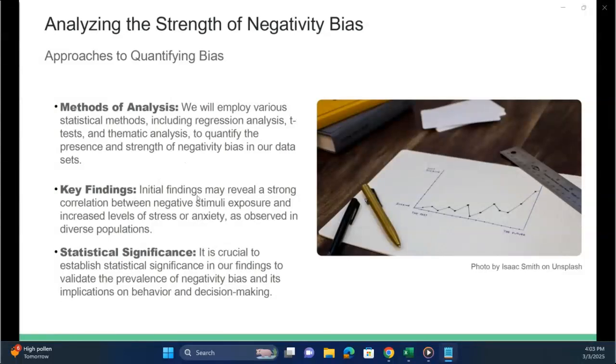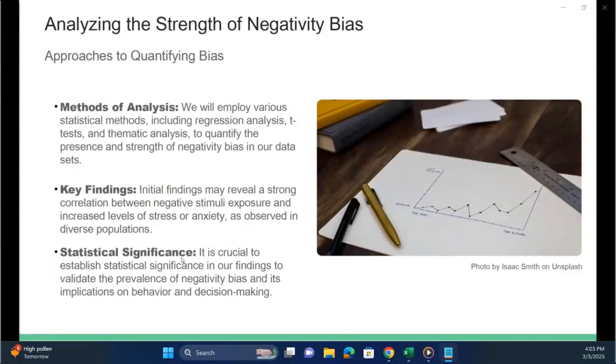Now, some key findings that we might find is that it may reveal a strong correlation between negative stimuli exposure and increased levels of stress and anxiety, as observed in diverse populations.